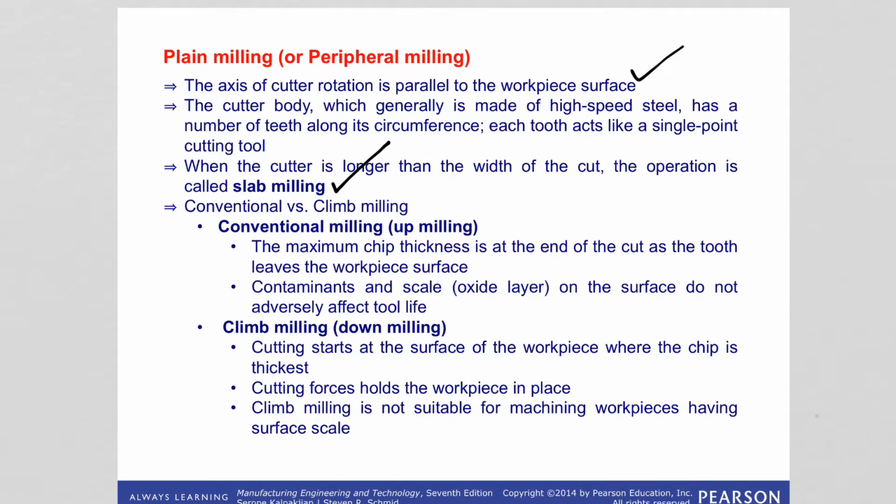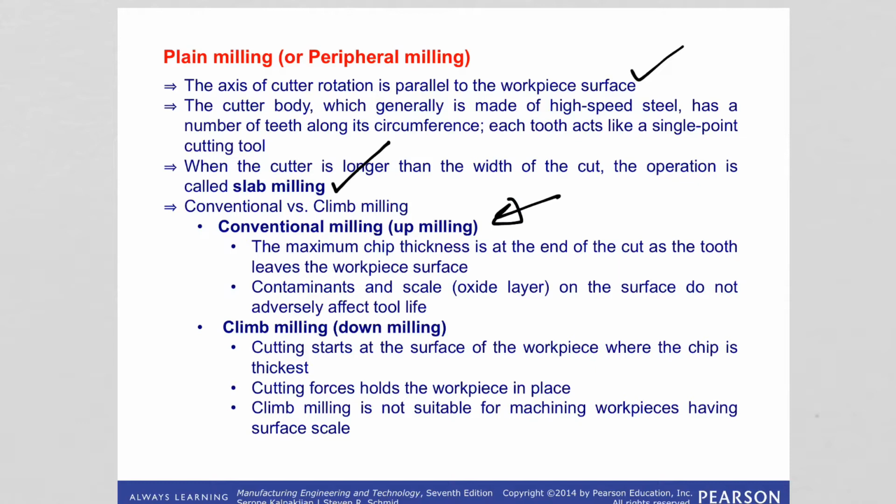One of the aspects of milling concerns the direction of rotation of the cutter with respect to the movement of the workpiece. So the cutter rotation can be either clockwise or counterclockwise. So this is significant in milling operations. Up milling is the traditional way to mill and is also called conventional milling.